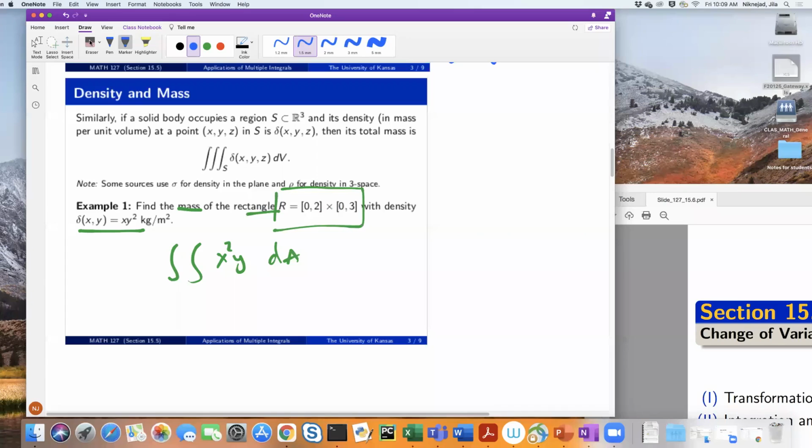If I put dx first, it's from 0 to 2. Then if I put dy, it's from 0 to 3. Oh, nice, it's a rectangular region, so I can basically separate these things. What's the actual function? You got x squared and y. Oh, thank you.